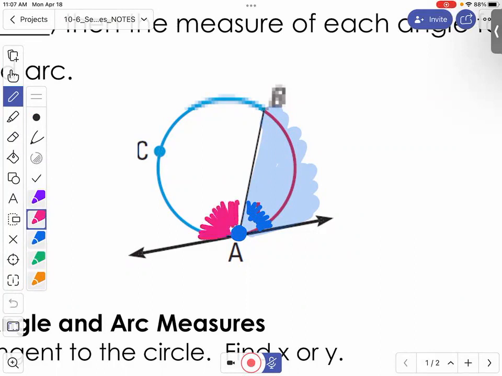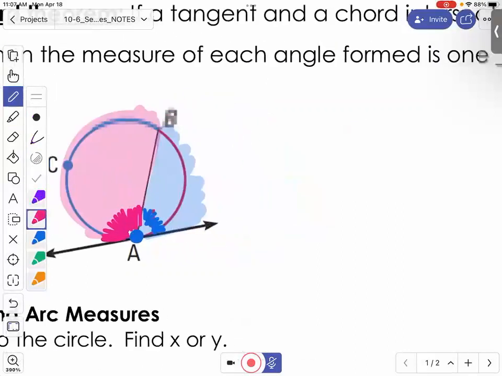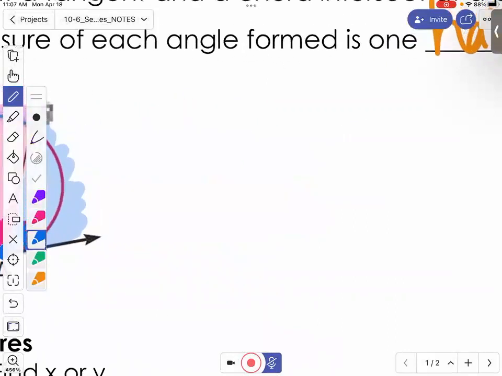Angle 2 here, again, is going to have a relationship with the arc that is inside that angle, or the section of the circle that is inside that angle. So we have to be careful and make sure we know which piece am I working with, which angle corresponds to the different arcs. And we have two very similar formulas that we've already worked with.